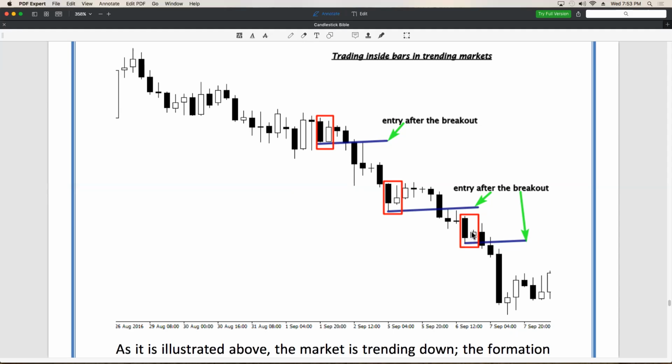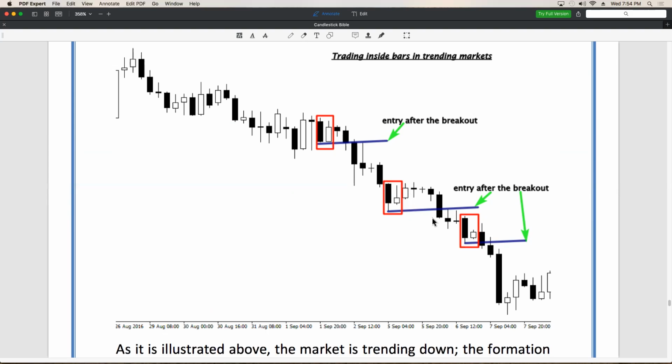That is continuation. This is something to really study here, because we see it all the time, and sometimes I don't even consider these inside bars, but that is very significant. When you see an inside bar, it lets you know if it's going to be continuation or not going up. That's something good to know.